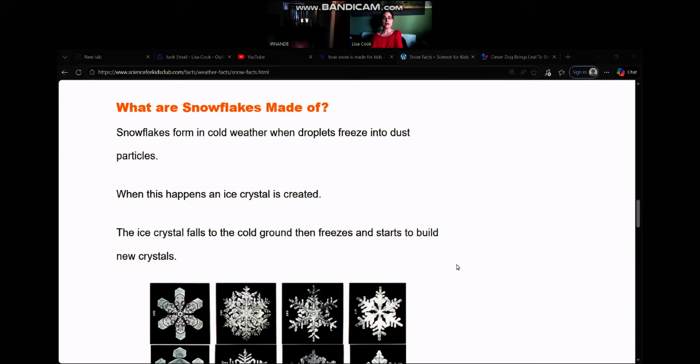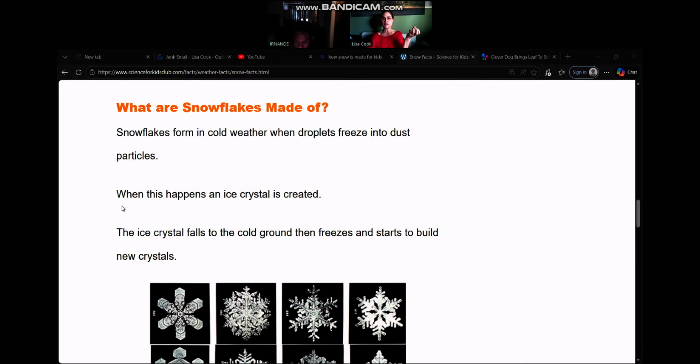So what's happening here? What does the water do? It freezes into ice crystals, okay? And then what do those ice crystals do?